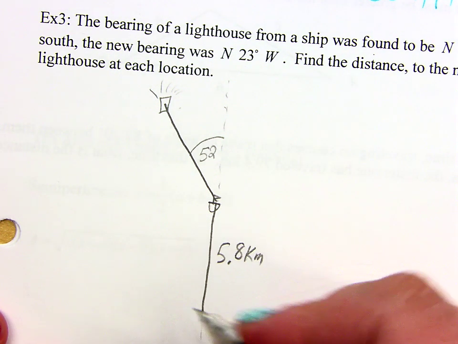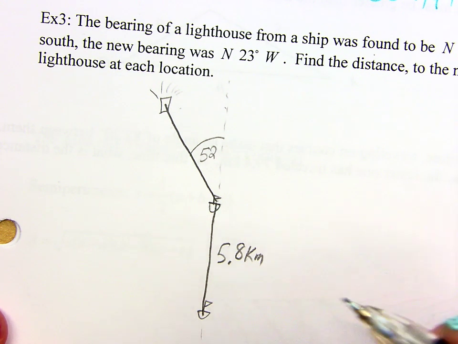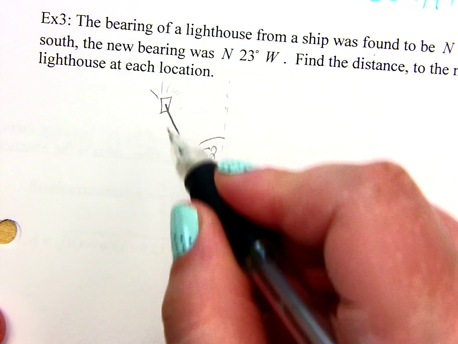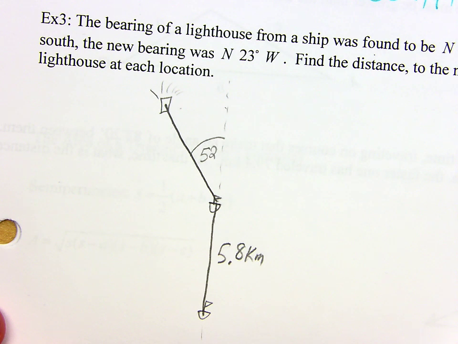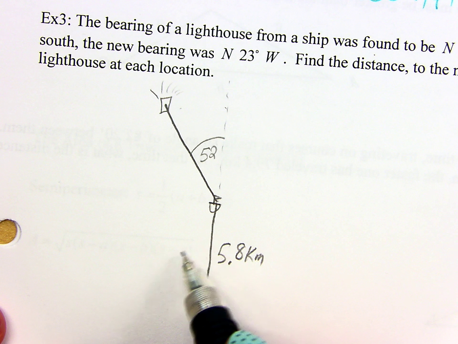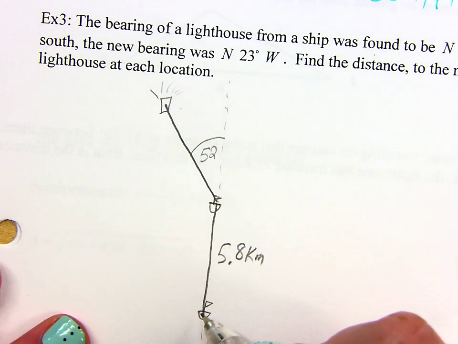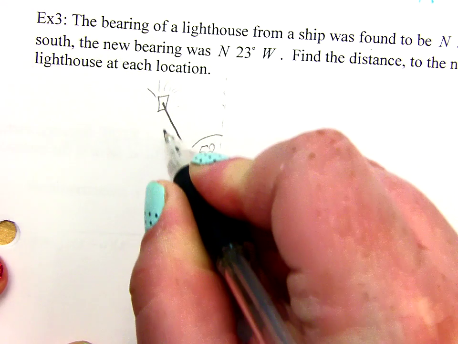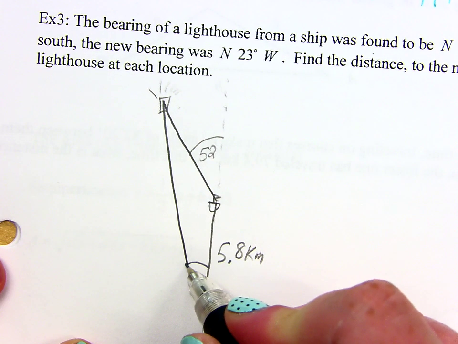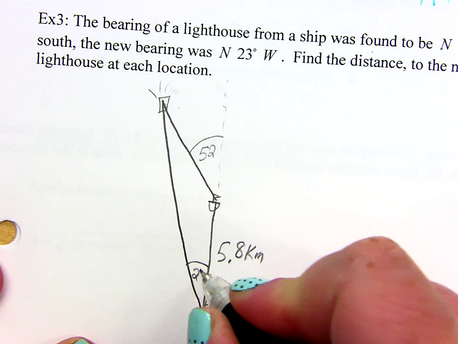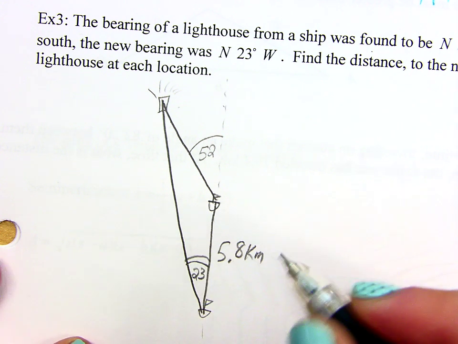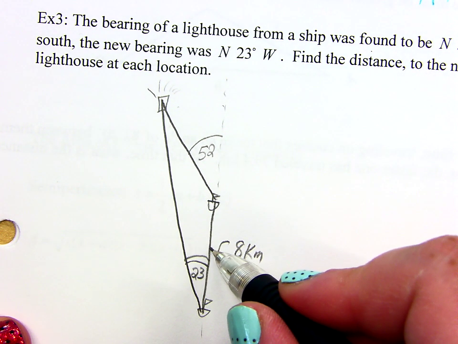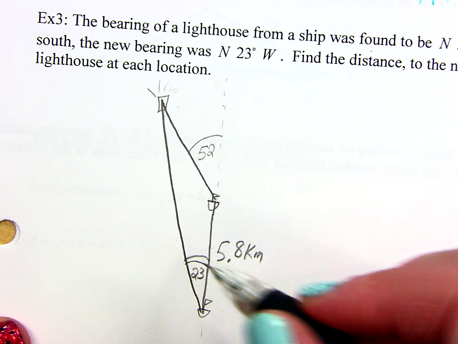Now my ship is here, and after it has sailed, the new bearing from the ship to the lighthouse is still north, 23 degrees in the west direction. So when I draw this, this is 23 degrees.